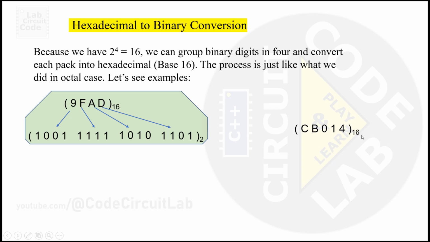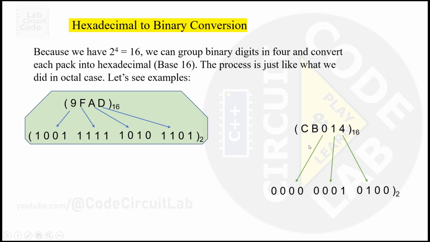CB014 in hexadecimal needs to be converted into binary. A 4 in hexadecimal actually means 0100 in binary. A 1 in hexadecimal means 0001 in binary. A 0 is going to make 4 zeros.